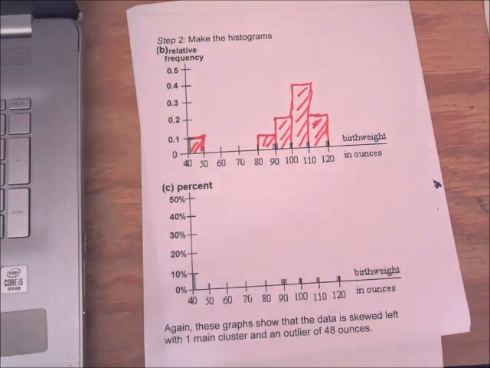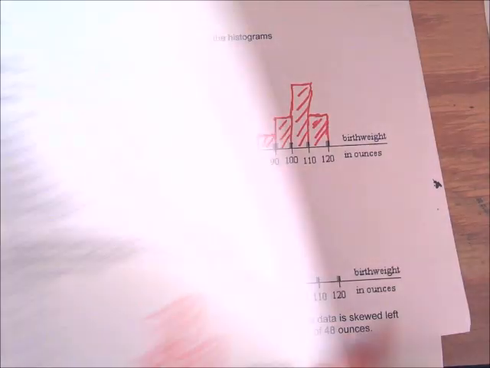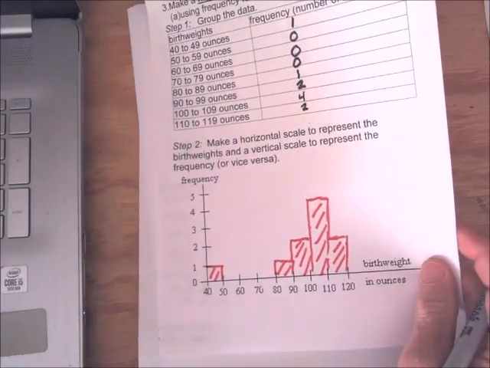So it's basically the same shape. One main cluster skewed left, outlier in the 40s.